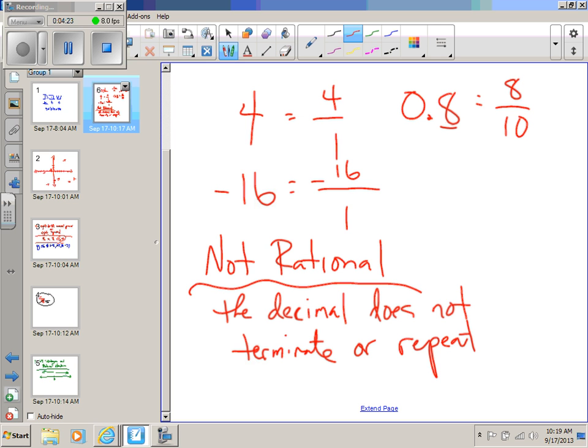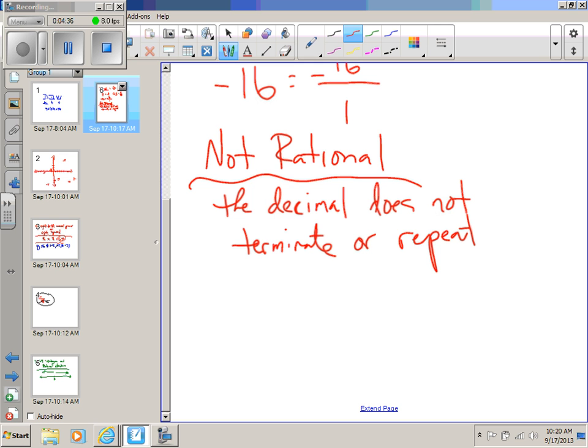So in other words, if you have a repeating decimal, that would still be considered a rational number. And give me an example. Do you know of a fraction that would produce a repeating decimal? What is 2/3 as a decimal? 0.6 repeating.